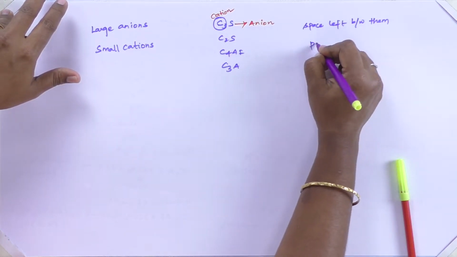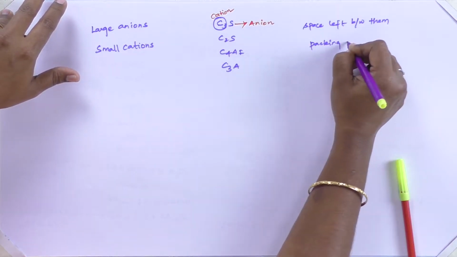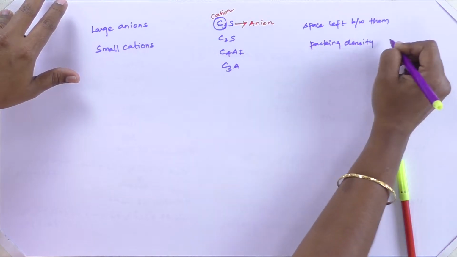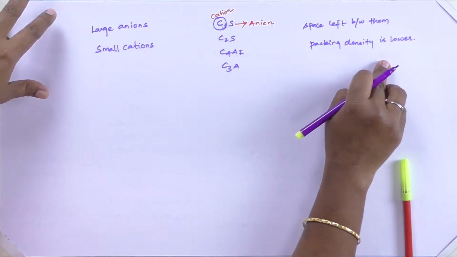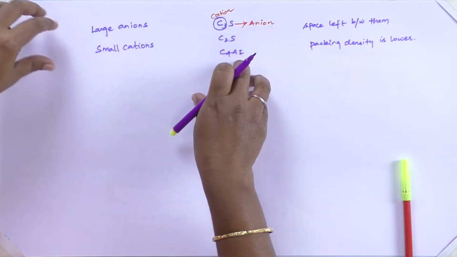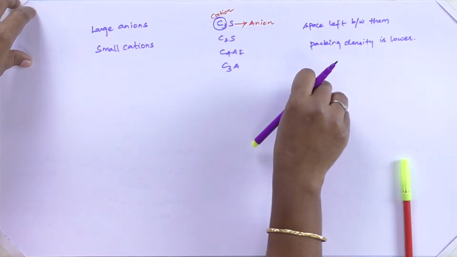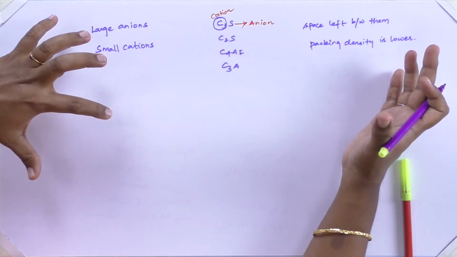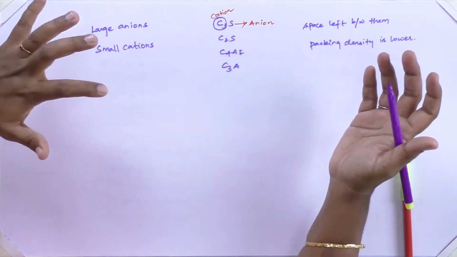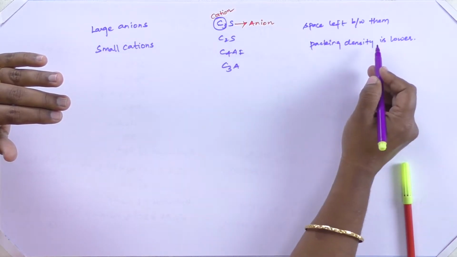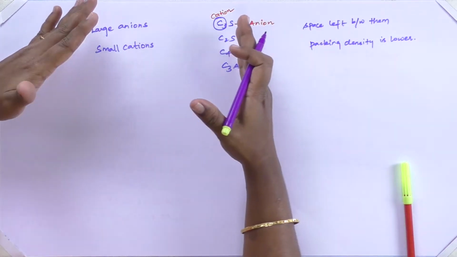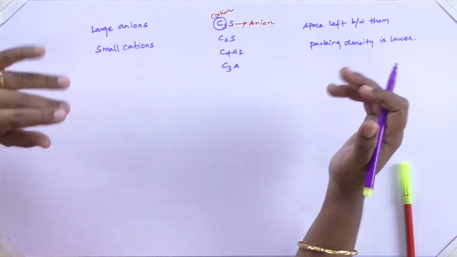That is, the packing density is lower, and that's the reason why these compounds readily react with water to form hydrates, that is, water of crystallization. To get a packing density, these compounds readily react with water.